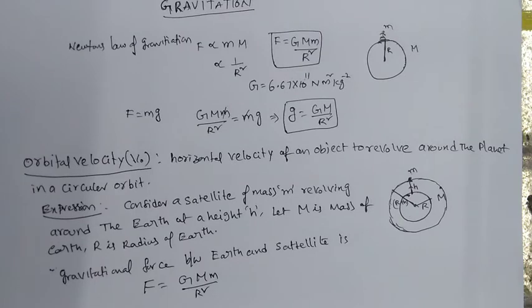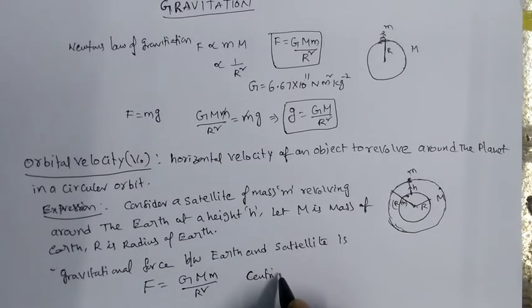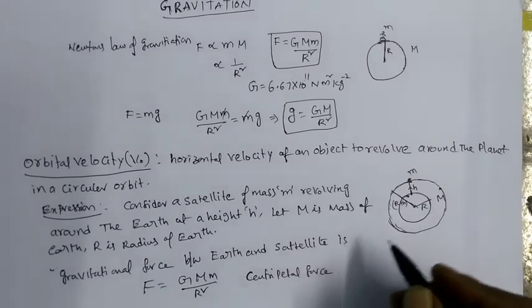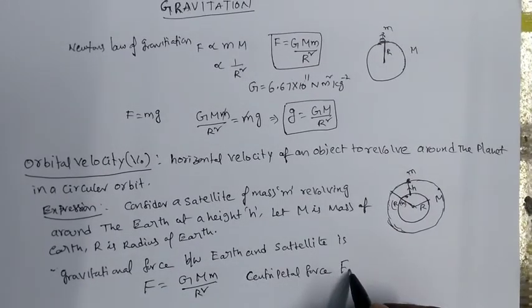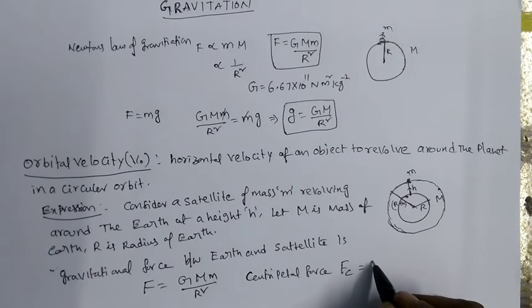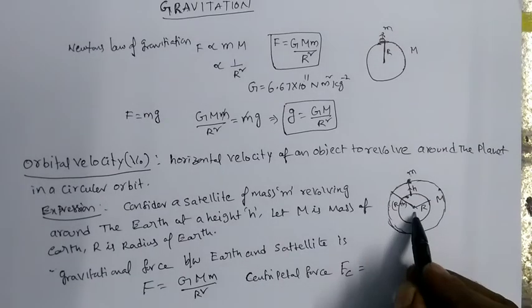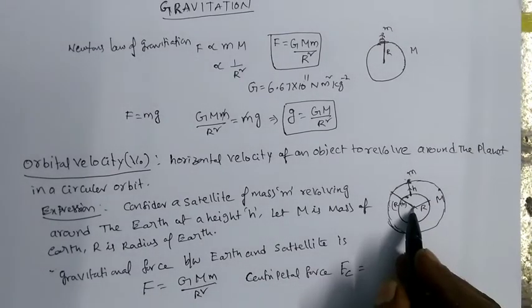So it possesses some centripetal force also. Why? Because it is in a circular manner. So the centripetal force due to the Earth, F centripetal, what is the formula for this? m v square by R. Here you better remember that the distance between the satellite and the Earth is R plus h.